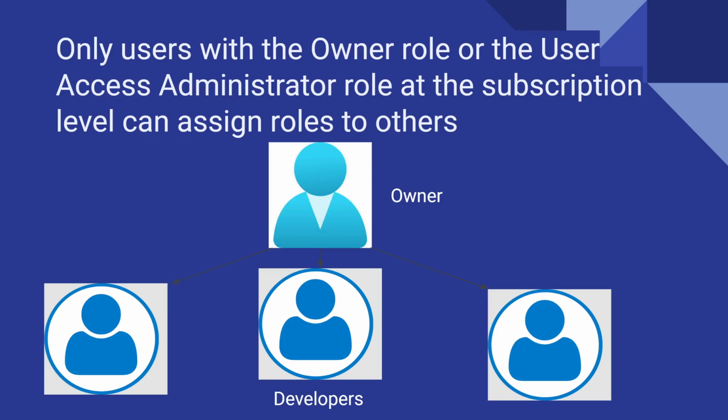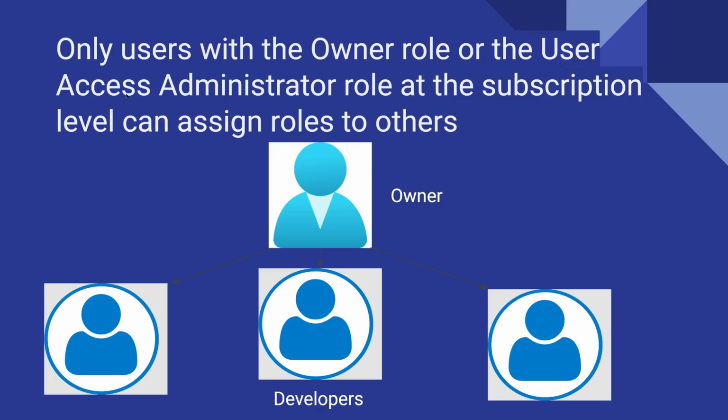In Azure, the only people that are able to give permissions out to other people, to role assignments, are the owner and a special kind of role assignment that a person can have, which is called the user access administrator role.